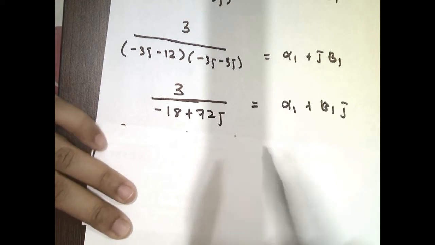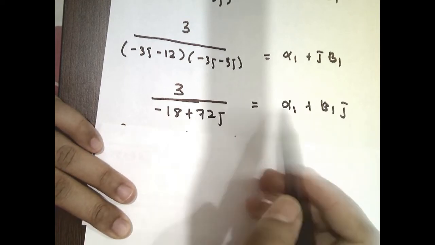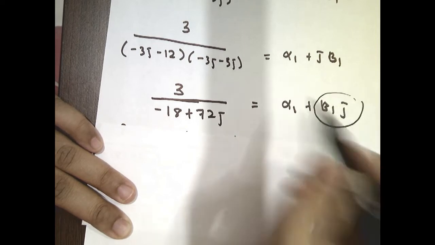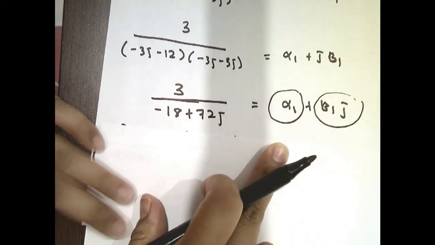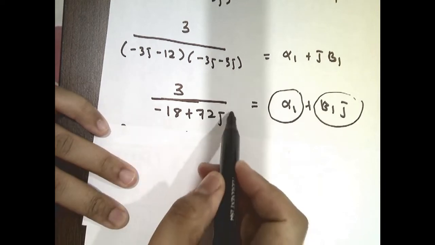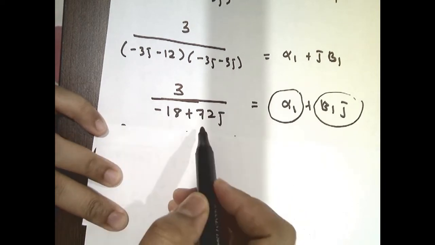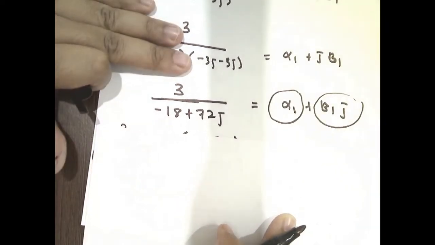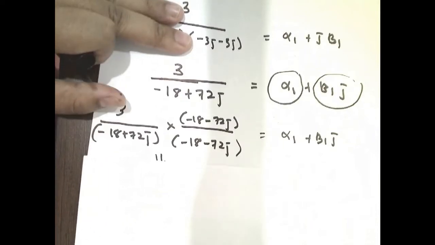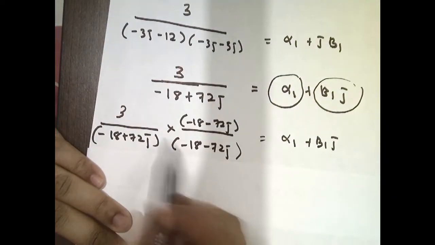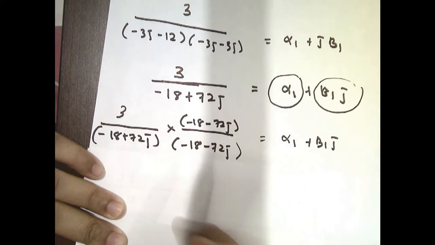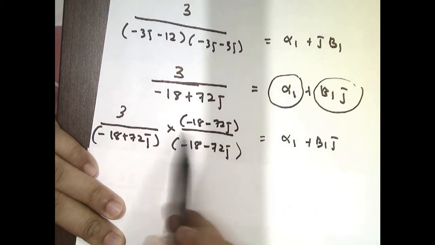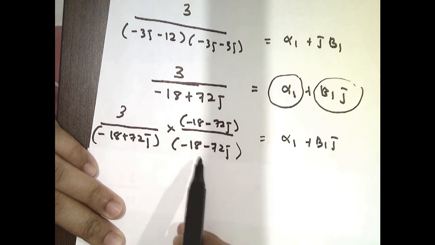But now we cannot make it similar, because left and right, we need to have it in the form of j and a constant. But here the j is at the denominator, so we need to do something. So how to make it similar? For the left side, we multiply with negative 18 minus 72j for numerator and denominator.